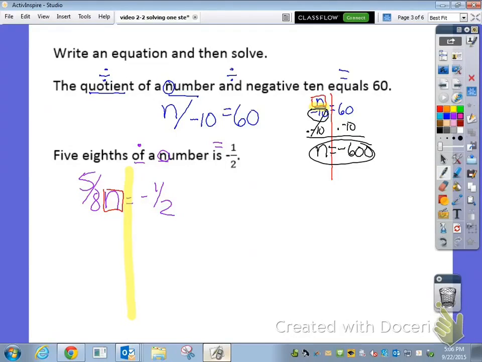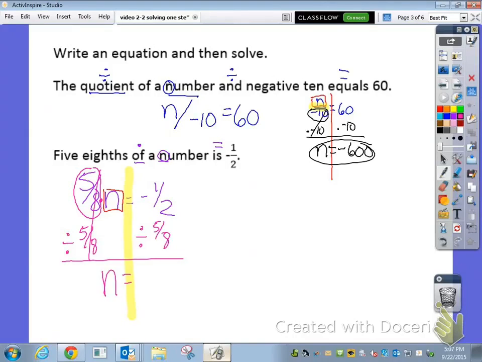The operation is times. Okay? What is the opposite of multiplying? Divide. So I need to divide. Okay? And then what is attached to the n? It's 5/8. So I divide by 5/8. Whatever's attached, you put underneath. Okay? That cancels. So n equals, now look at the other side.